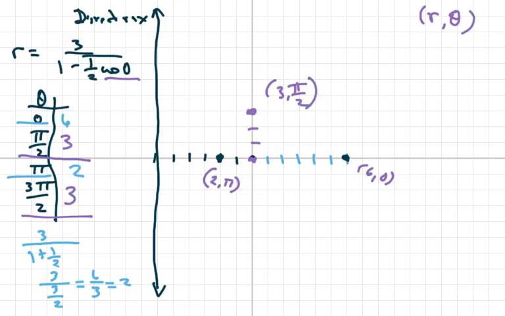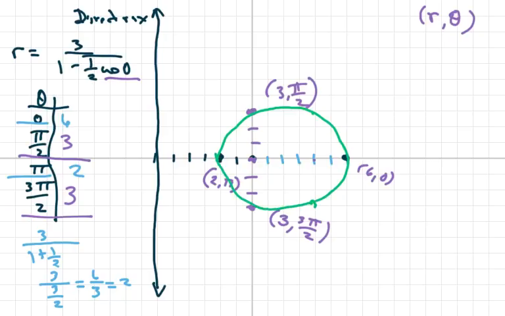And at 3 pi over 2, which is down here, it's still going to be 3. So it's 3, 3 pi over 2. So there's your vertices. And we're going over by 2, so I'm going to go down 2 and try to kind of make this symmetric. So basically, something like this. Looks like a circle, kind of.